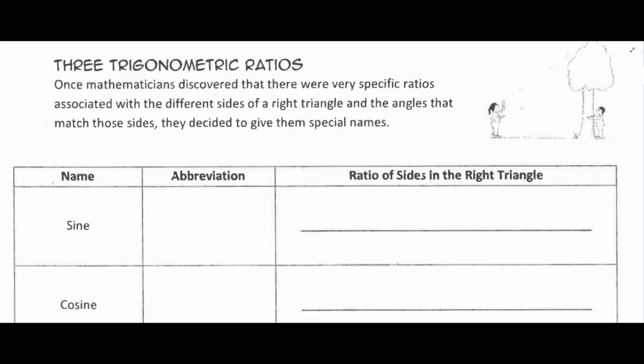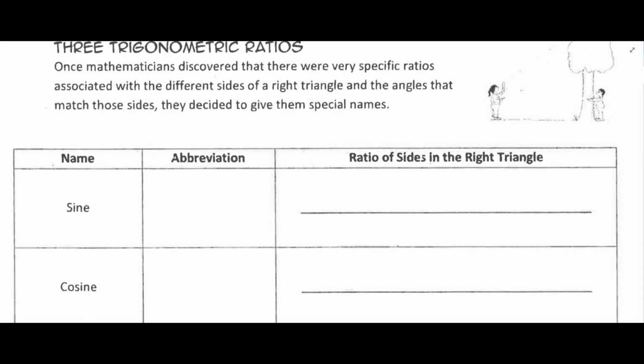So we're going to talk about 3 trigonometric ratios in this video. Once mathematicians discovered that there were very specific ratios associated with the different sides of a right triangle, this is just for right triangles, and the angles that match those sides, they decided to give them special names.